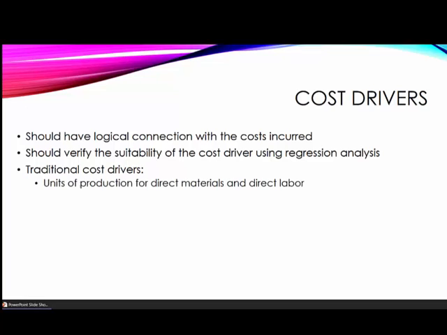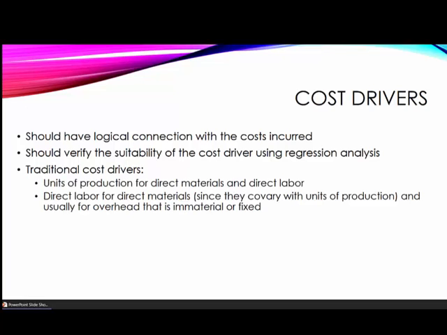Traditional cost drivers that we've used in the past: units of production for direct materials and labor, like I talked about. Usually direct labor can be used, and so in your textbook, direct labor is frequently used as a cost driver. We can use direct labor as a cost driver for direct materials, even though direct labor doesn't cause direct materials, because they co-vary.